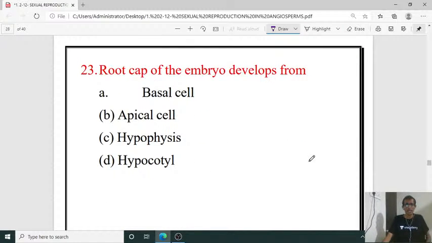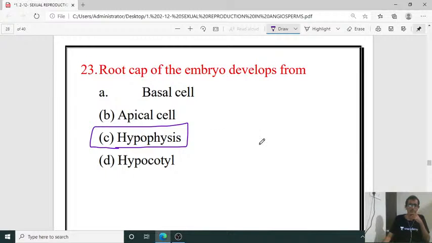Then the root cap of the embryo develops from what? Hypophysis. Yes, Shishika, that is the case from our animal point of view.